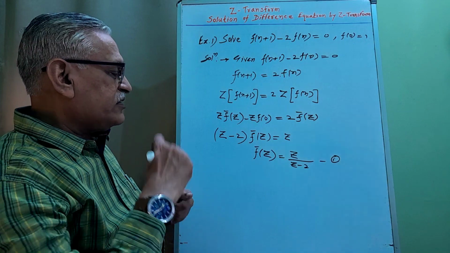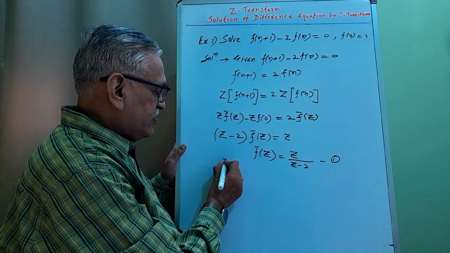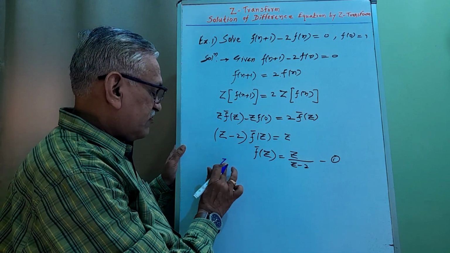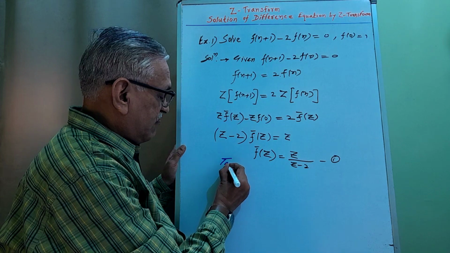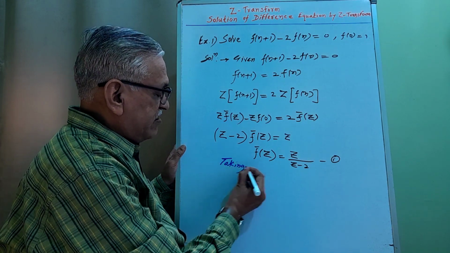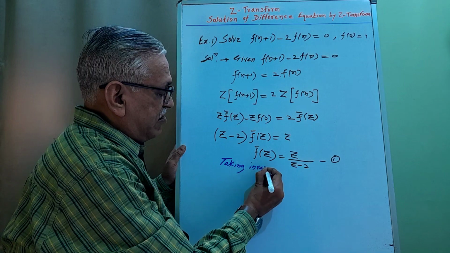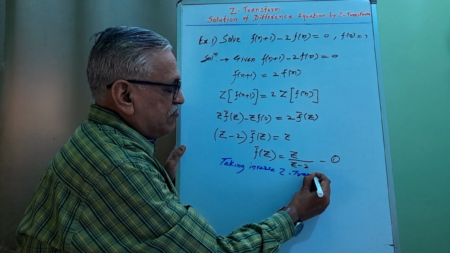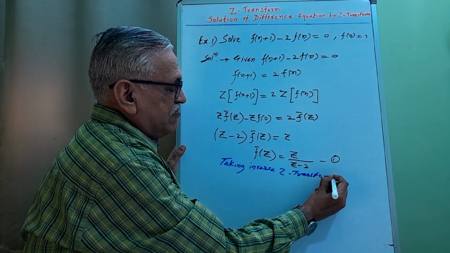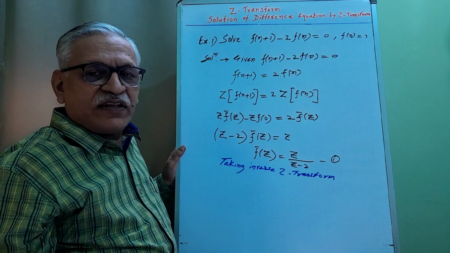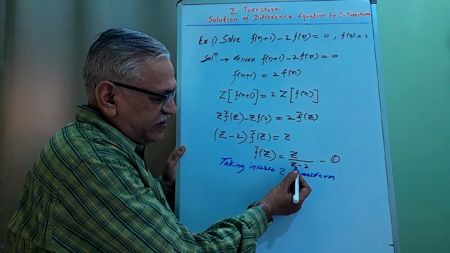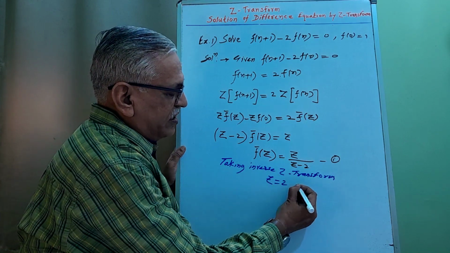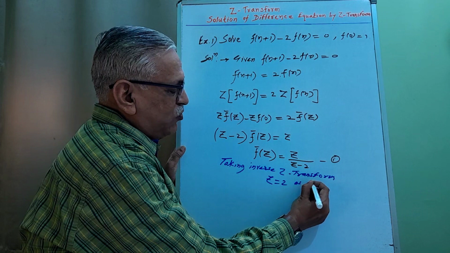Next is taking the inverse Z transform. Applying the steps, the first step is to find the pole. Equating this term to 0, we get z is equal to 2 as a simple pole.